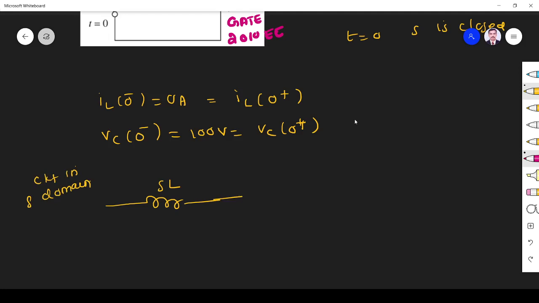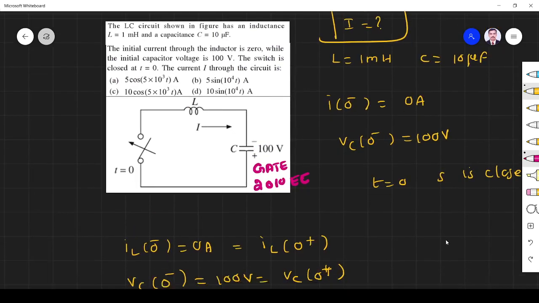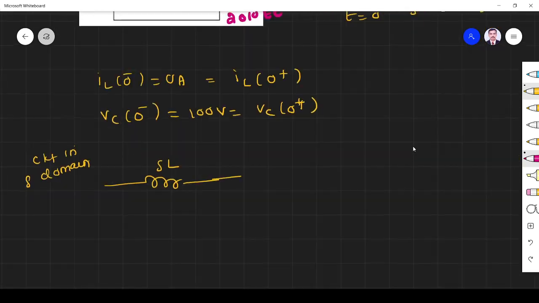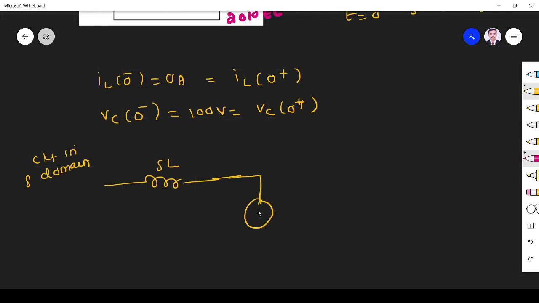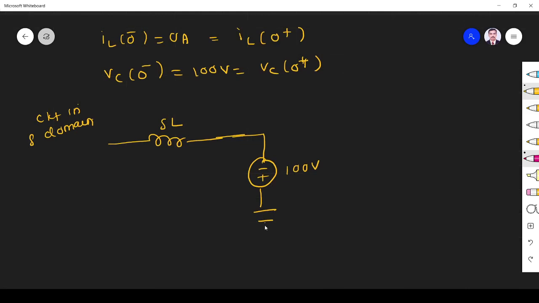Right, next, what they have given. So the voltage is 100 volt, right? They have given 100 volt with minus plus polarity. Here the capacitor is 1 by SC, and the source is 100 by S in the S domain. Okay.